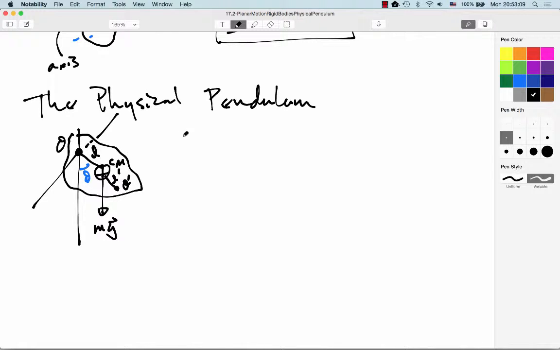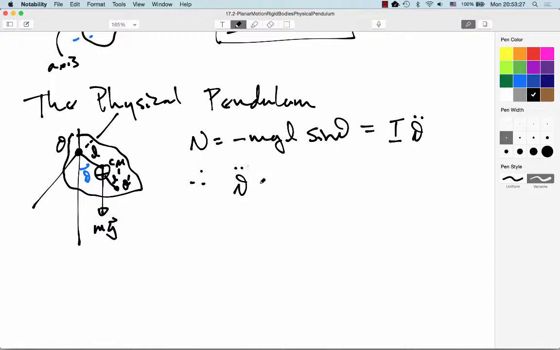So with that, we can go ahead and say that the restoring torque will be equal to minus mgl sine theta. And by Newton's law applied to rotations, that's equal to I theta double dot. So we can put this into standard form: theta double dot plus mgl over I sine theta equals 0.